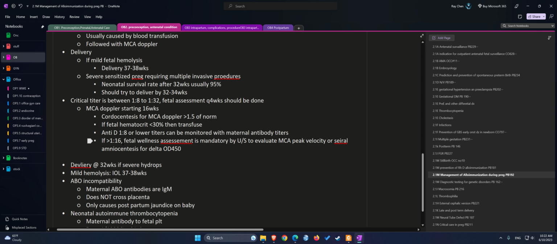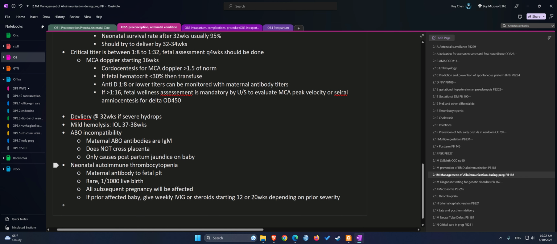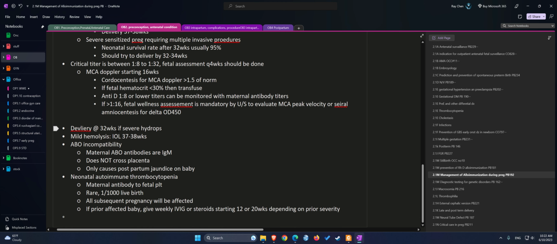If it's greater than 1 to 16, fetal wellness assessment with ultrasound to evaluate MCA Dopplers. Deliver at 32 weeks if severe hydrops. Like I said, mild hemolysis can be delivered between 37 and 38 weeks.